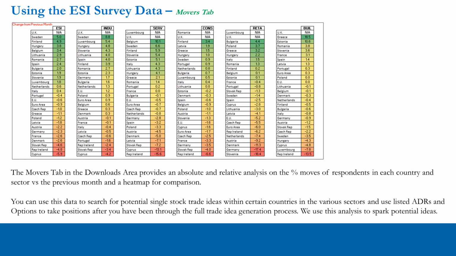But it does come with the caveat, obviously, that you have to have gone through the full trade idea generation process that we're going to teach you in the PTM video series.